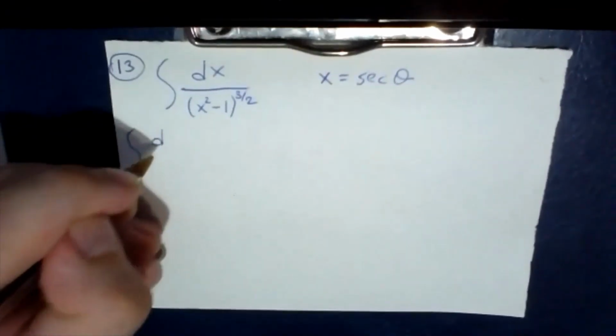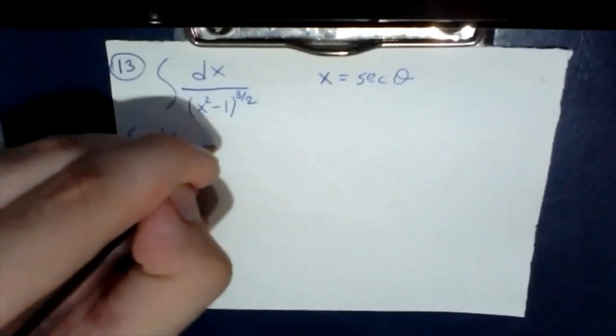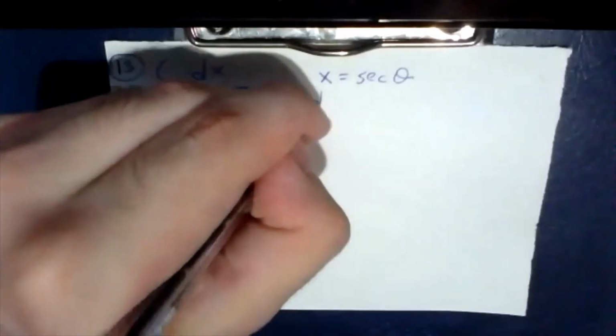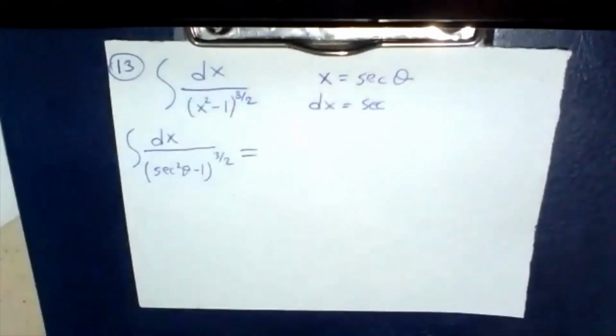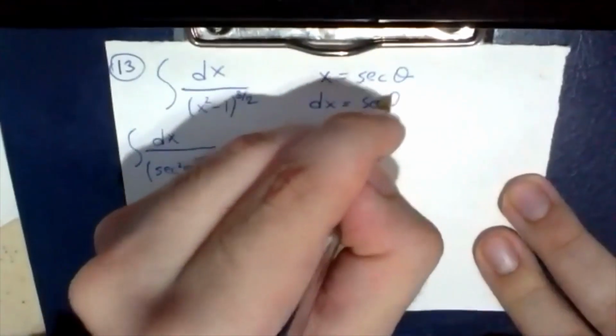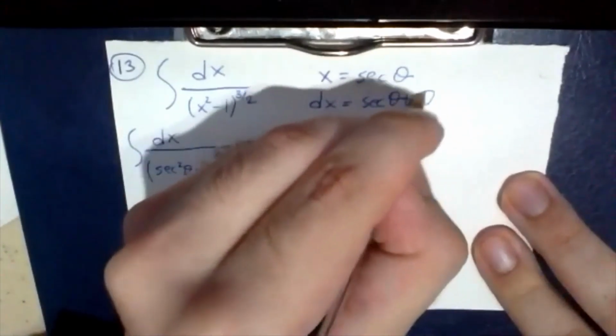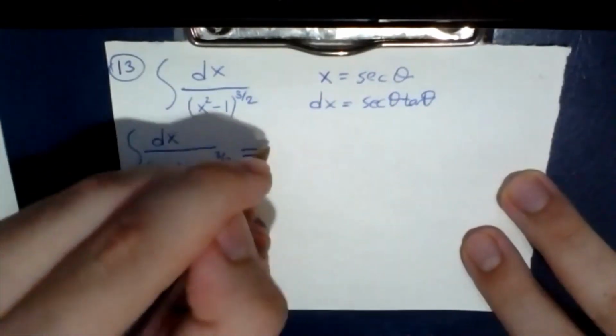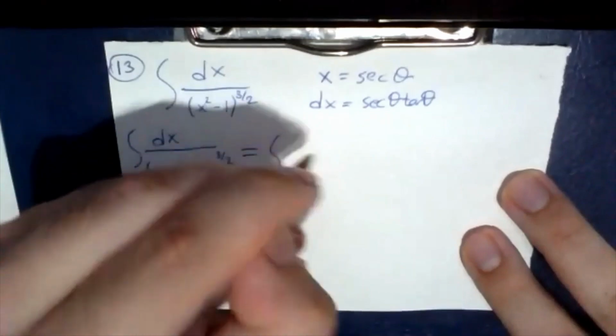Then the integral will become dx over (secant squared theta minus 1) to the power of 3 over 2. What is dx? If we take the derivative of both sides, dx will be secant theta times tangent theta d theta.